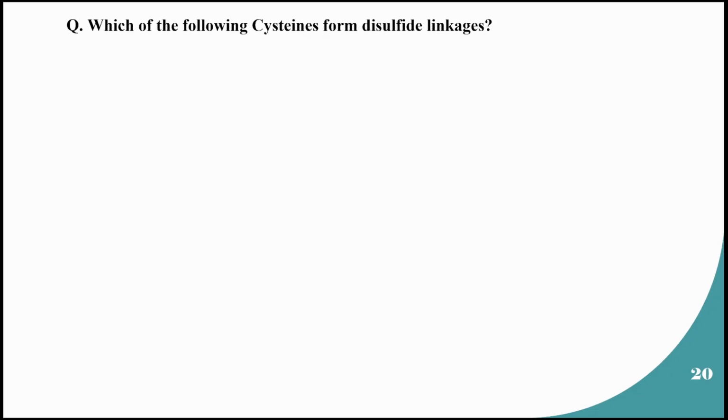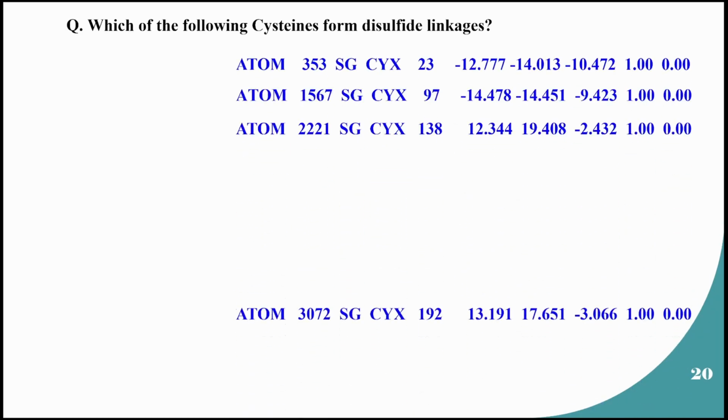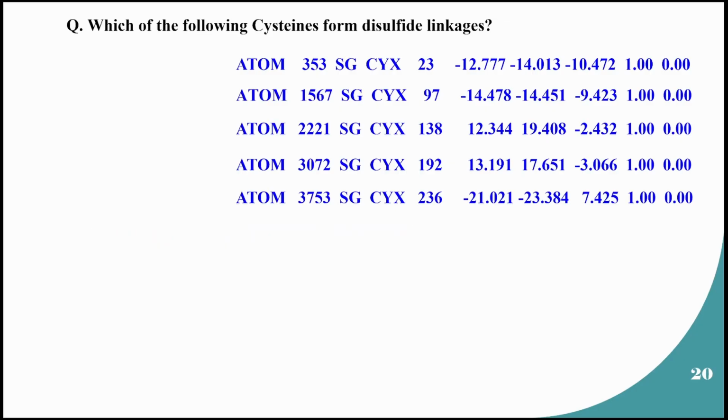Similarly, of course, we know that cysteines form disulfide linkages, right? So disulfide linkages will be the distances between different sulfur atoms present in the cysteines. So what this question is giving you is a small portion of the entire PDB structure, mentioning the different sulfur atoms, the different SG atoms of different cysteine residues that are present in this PDB, right?